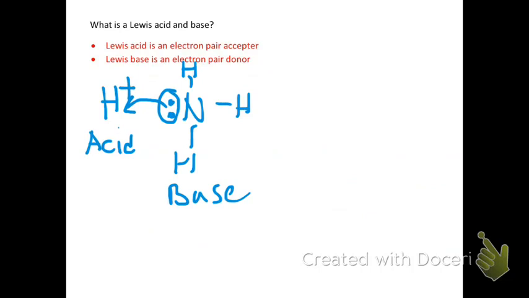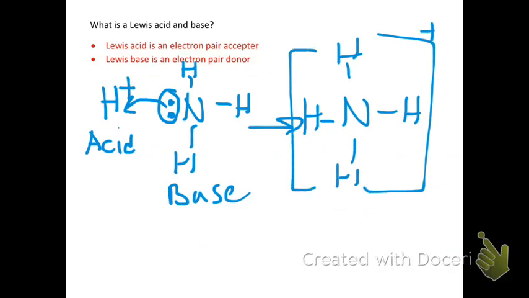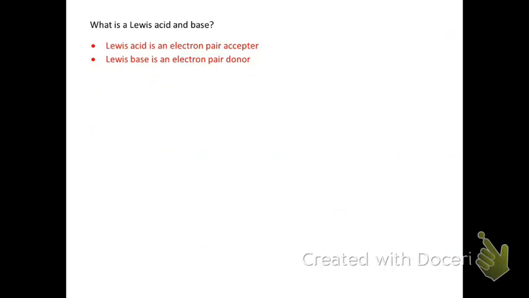And so the acid is going to accept it. So in a Lewis acid, it accepts the pair of electrons, and the base donates them, and we form an NH4 plus. Draw the correct Lewis structure of this. Anyway, got the idea.